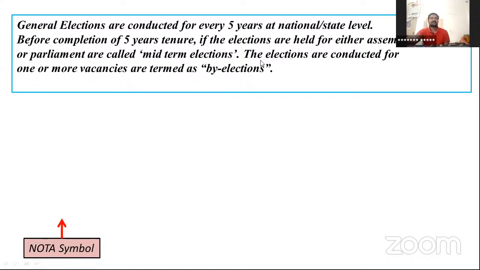And the last one: elections conducted for one or more vacancies are termed by-elections. For example, if the contesting or winning candidate dies, that seat becomes vacant. In this case, by-elections will be conducted by the Election Commission.